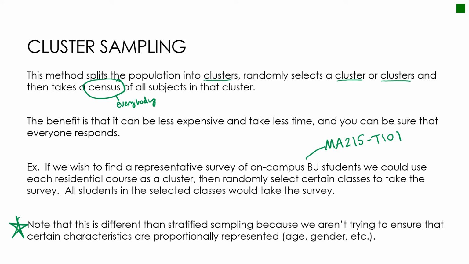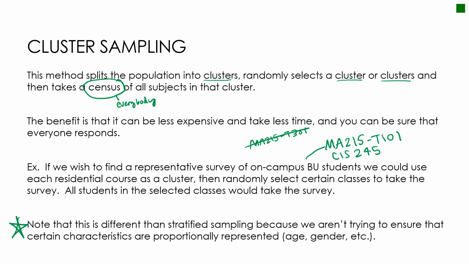If this class were chosen, and say whatever other classes, everybody in these classes would be talked to. But say people in my MA 215 T301 class wouldn't be talked to unless that was one of the classes chosen.